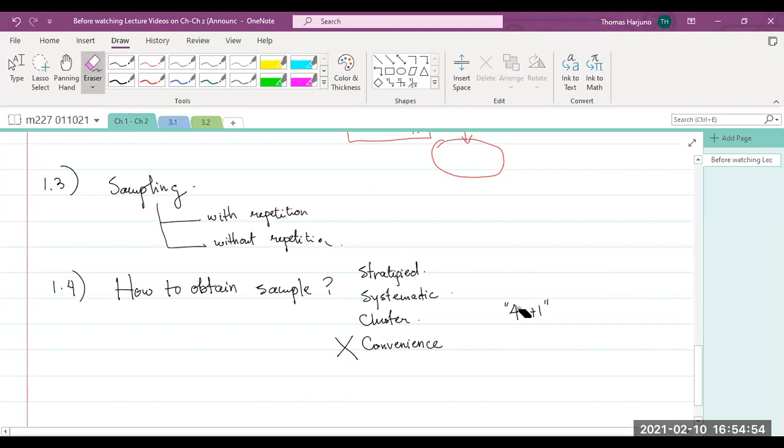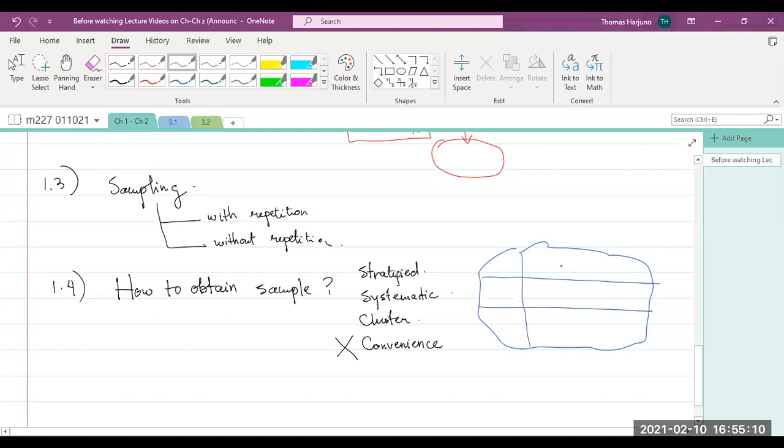Stratified is as the following. I saw somebody illustrate it this way. Let's say this is your population. Stratified is this. Basically, you divide them into groups, not necessarily in an area sense. And then from each group, you take a sample.